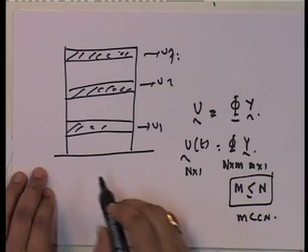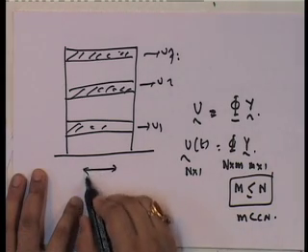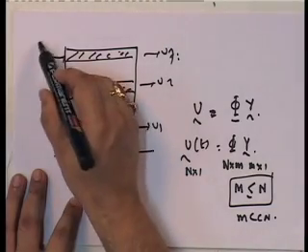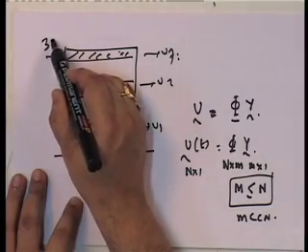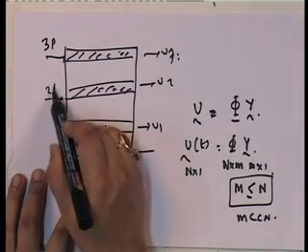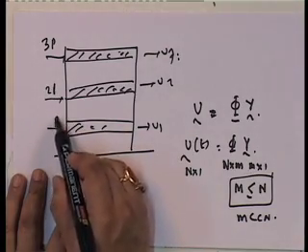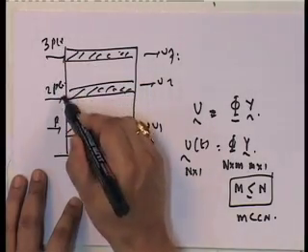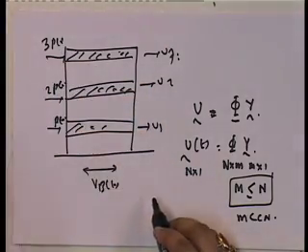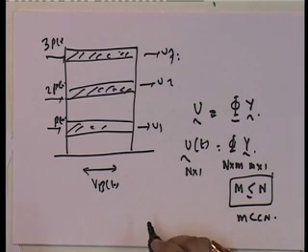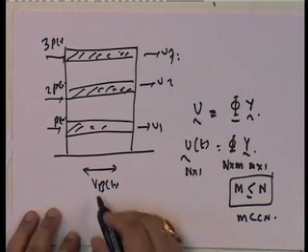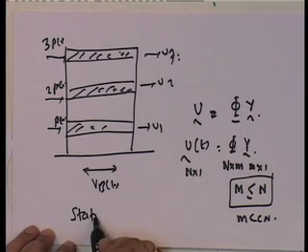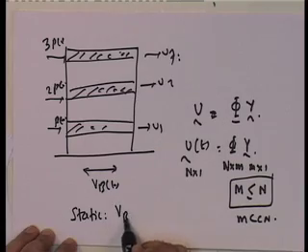Now, suppose I want to find out the base shear. If there was no time dependence, if there was no inertia, if it was static, what would V b be equal to?